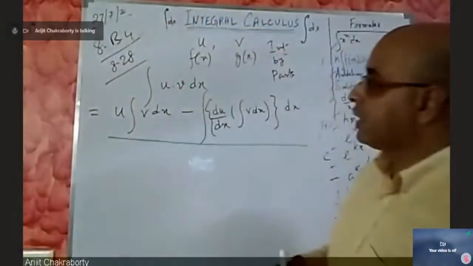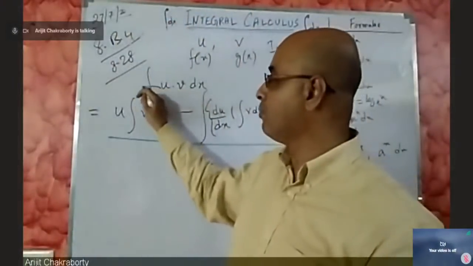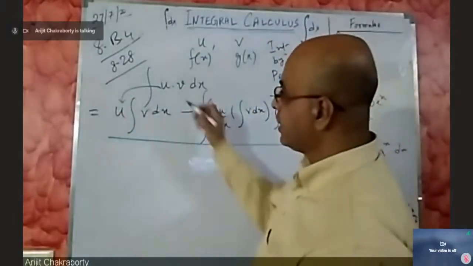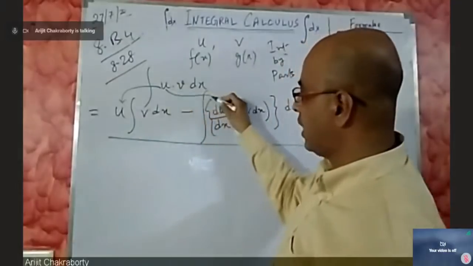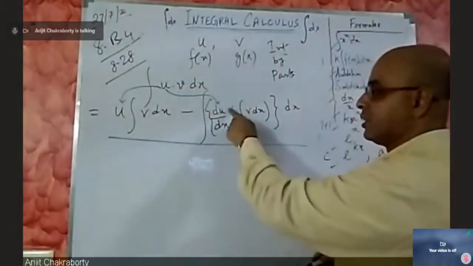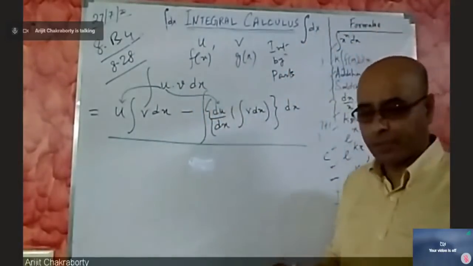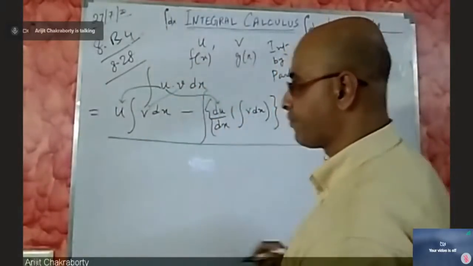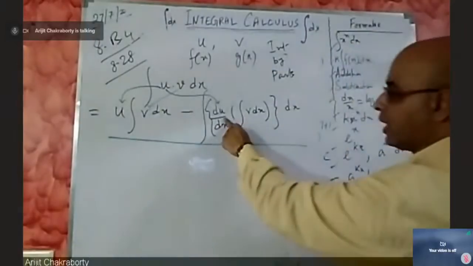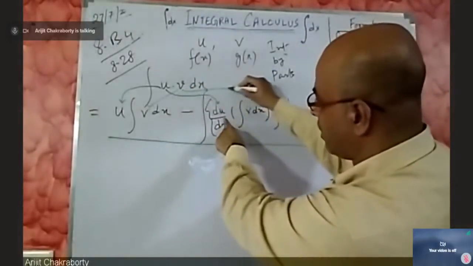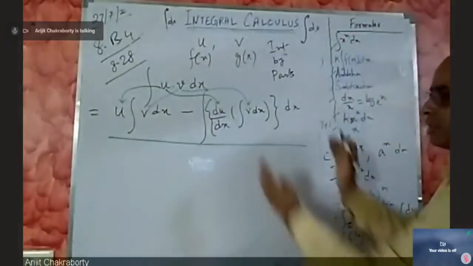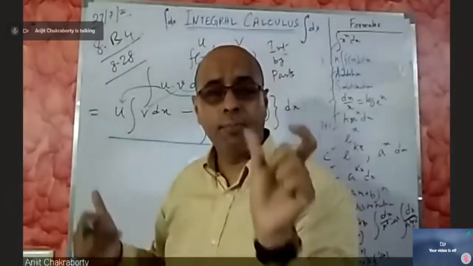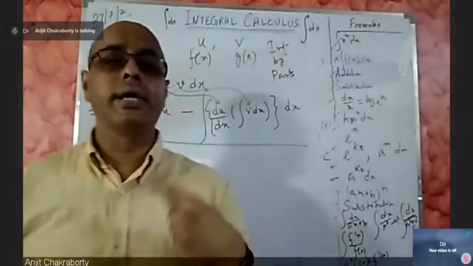So what we are doing is, first I am bringing u out, and u I also differentiate. I carry out the differential coefficient, du by dx. I take up the integral of v dx first, and then du by dx I multiply by the integral of v dx, and the whole product is again integrated.